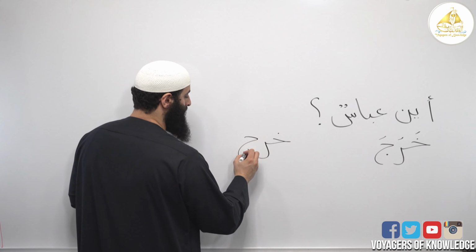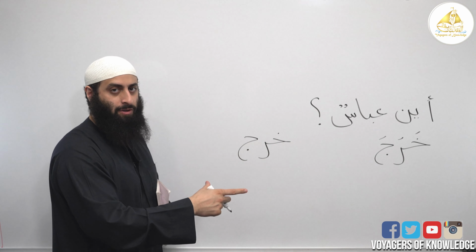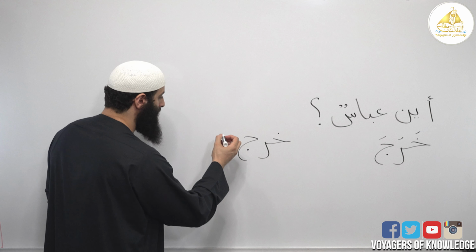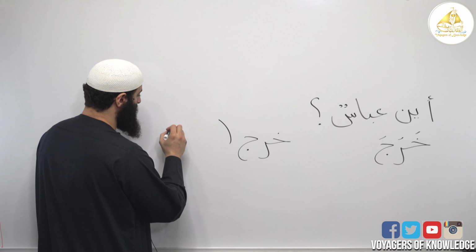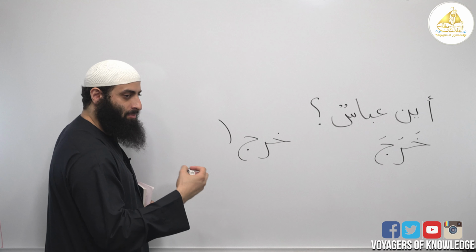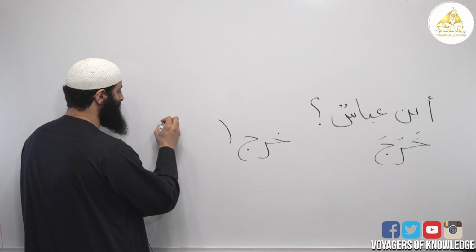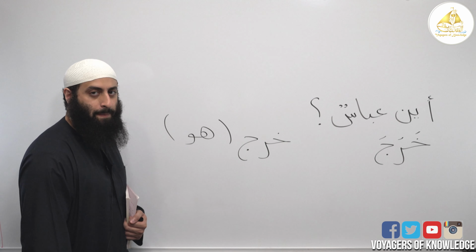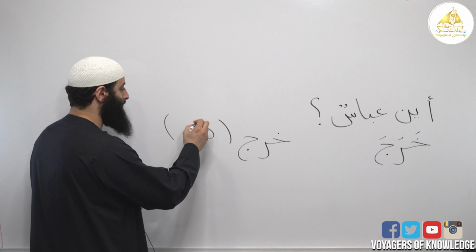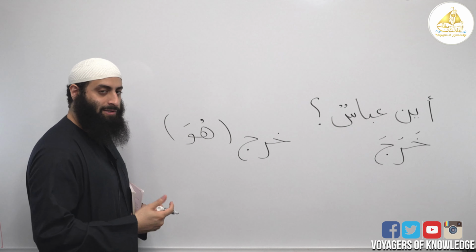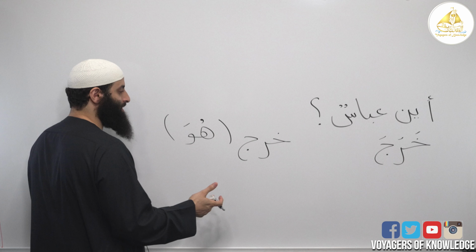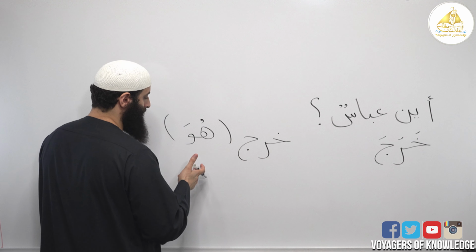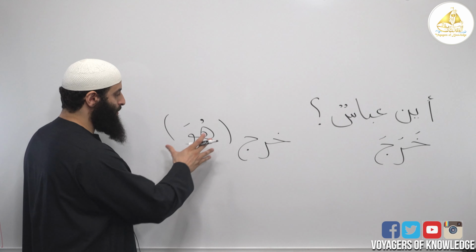So, kharaja. This one word has one word that is visible and one that is hidden, but it's immediately implied. It means huwa. We know what huwa means. It means he. So in Arabic we say kharaja huwa. Well, do we actually say this?